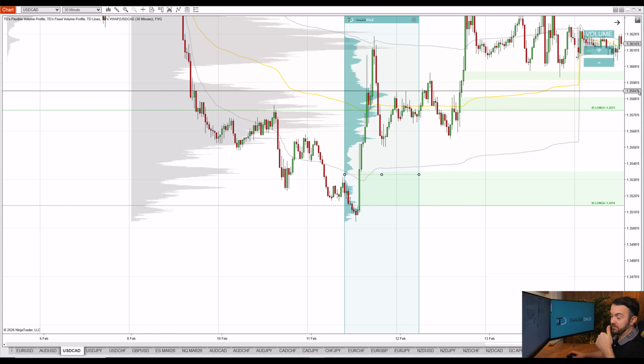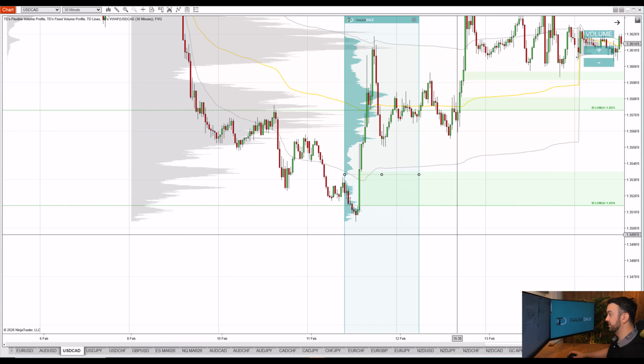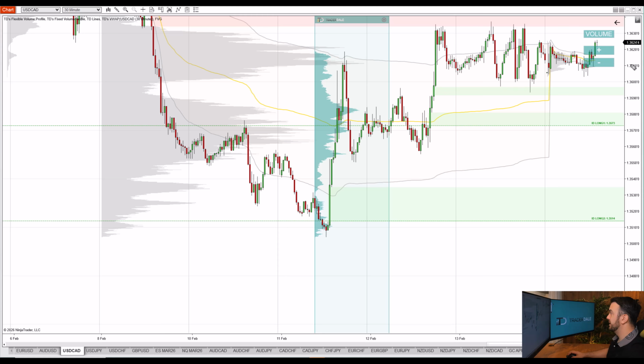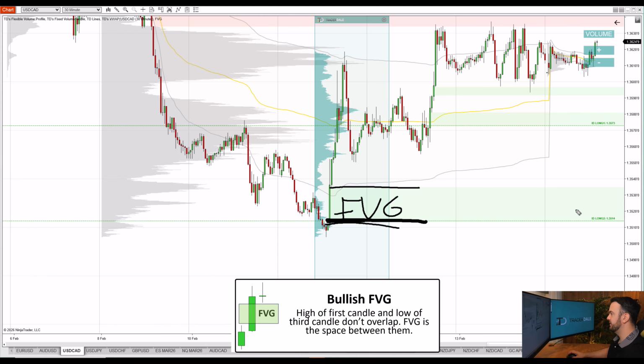Another thing is you can really see the beginning of that aggressive move starting from this place. See those candles, and especially this fair value gap. The level is at the beginning of the fair value gap at 1.3514.